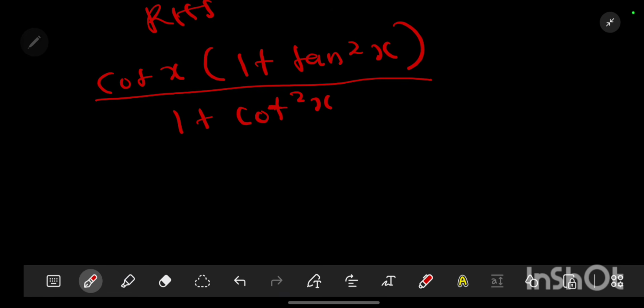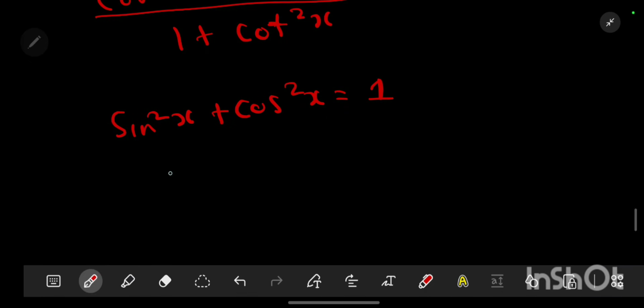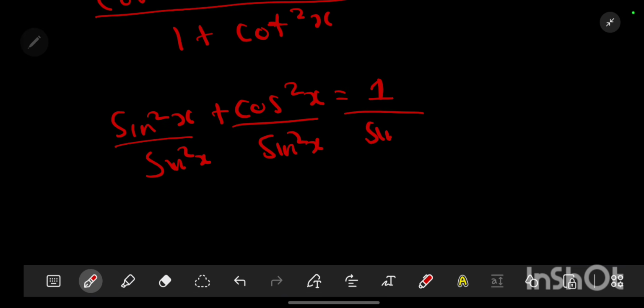According to your identities, sine squared x plus the cos squared x should be equal to 1. If we divide by sine squared x throughout, it will be sine squared x over sine squared x, which gives 1, plus cos squared over sine squared.